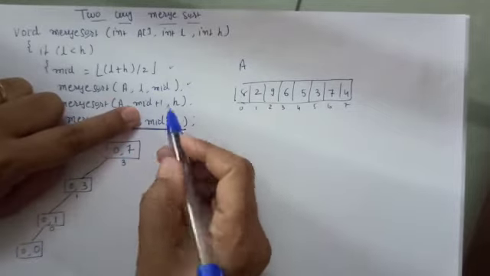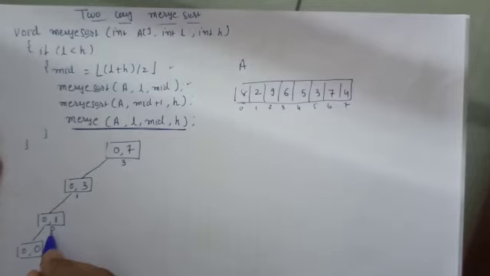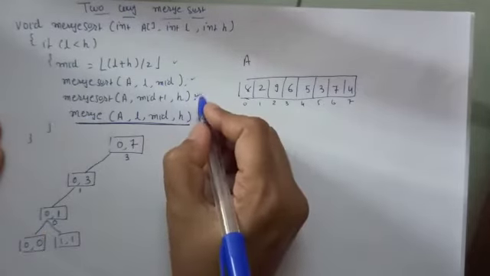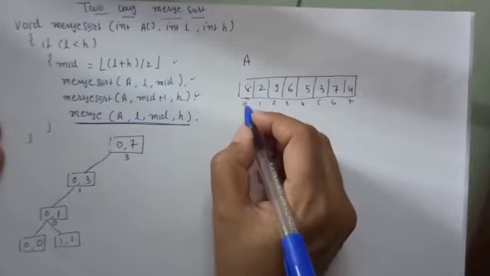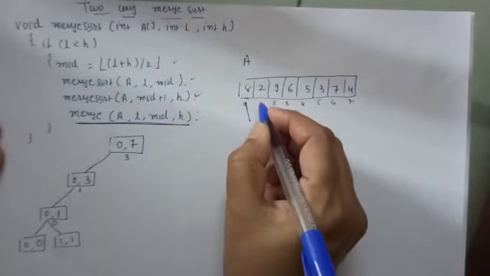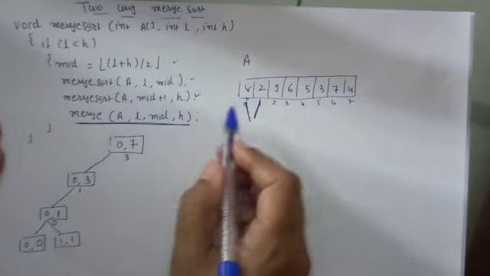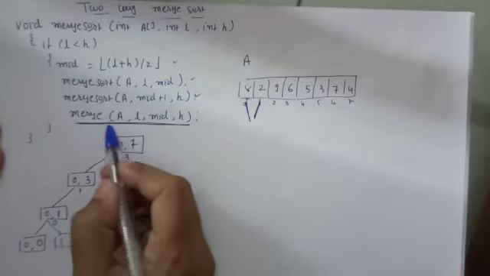Then mid plus 1 to high. Mid is 0, so 0 plus 1 is 1, and high is also 1, so another call is 1 to 1. So we have this 8 and this 2. These two calls give us 8 and 2, and now we call the merging procedure.